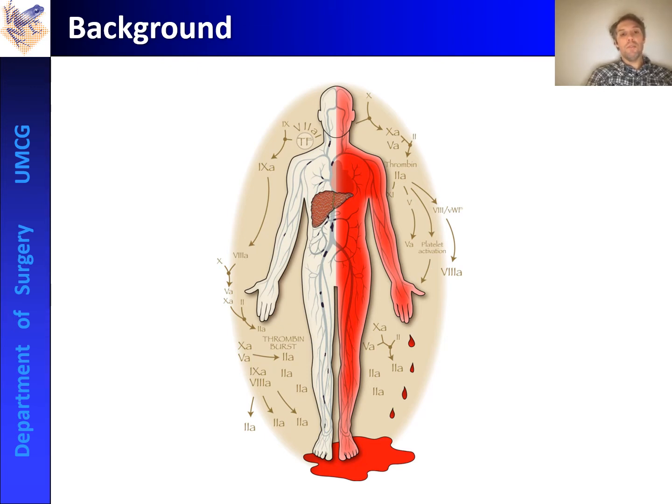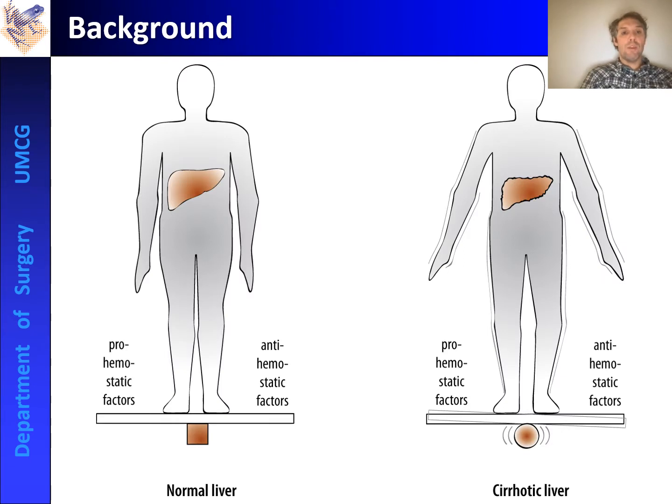We know that in liver disease, and this is backed up by multiple studies, the balance is still there. But because of the reduced synthetic capacity, there are just fewer factors, so the balance is overall less stable.